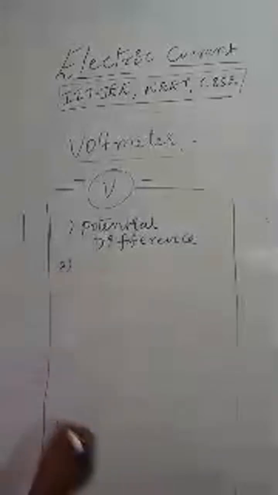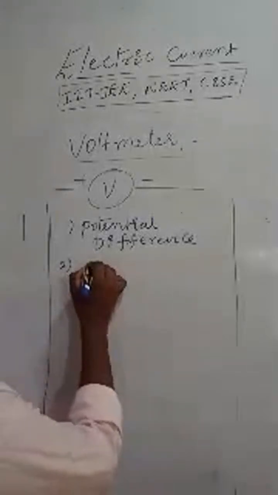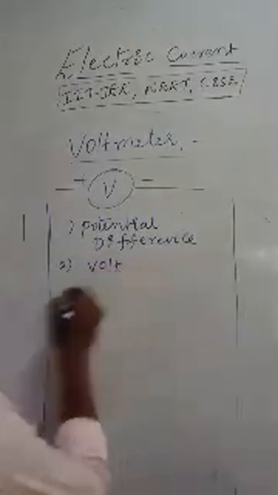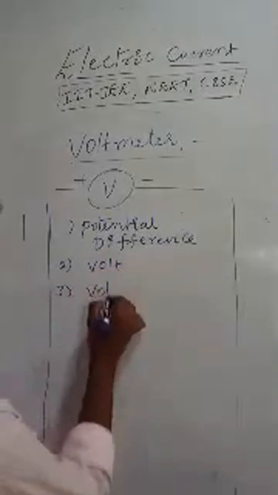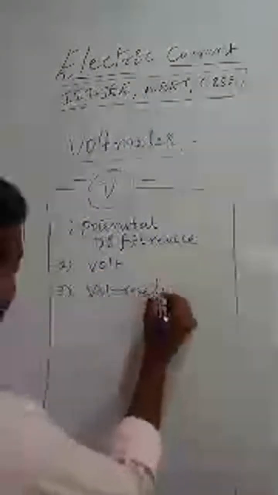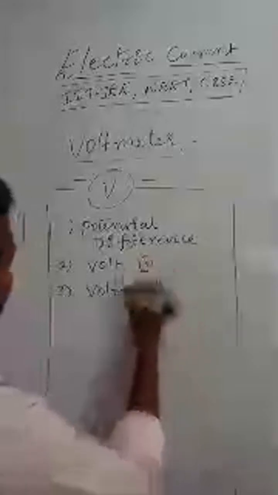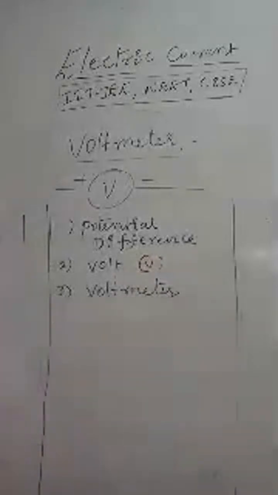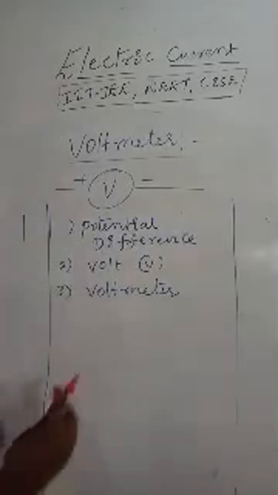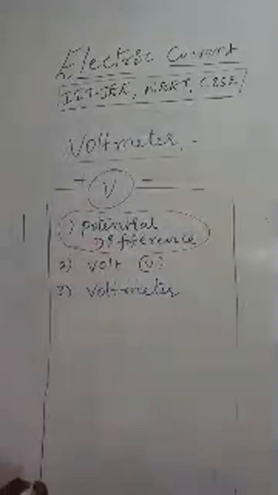Second one is volt, and third one is voltmeter, and the symbol is V. Here potential difference is the physical quantity. What is a physical quantity?